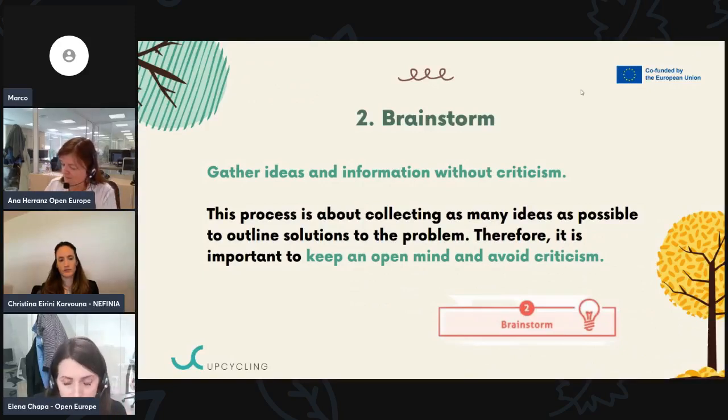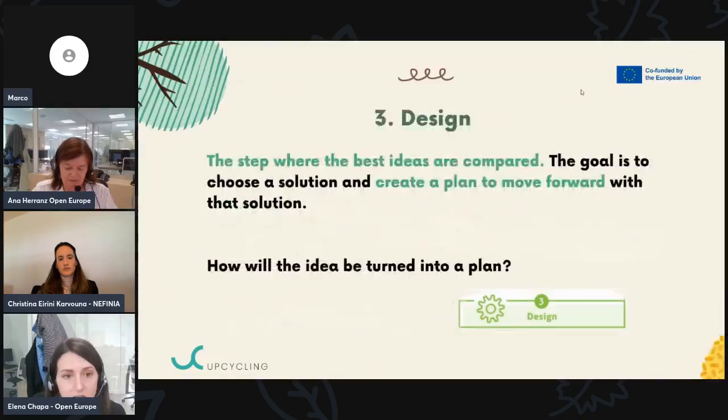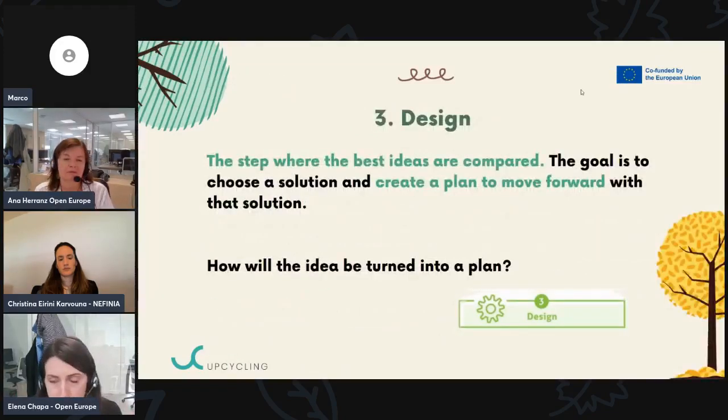So, second step of the process: brainstorm. Look for solutions without criticisms. In this particular step, students talk to their classmates. Again, it's just ideas without criticism. Then we go to the design process. Now you have a good idea, then you develop it.